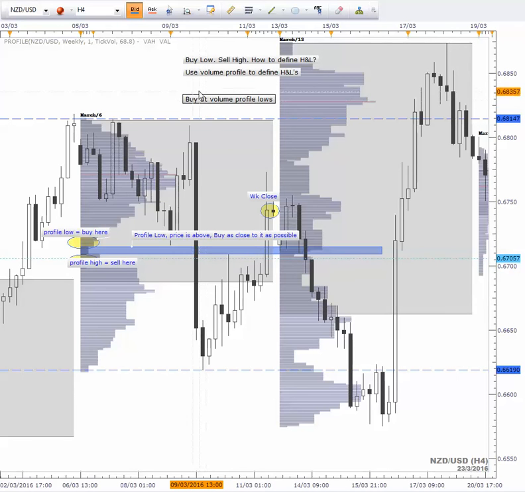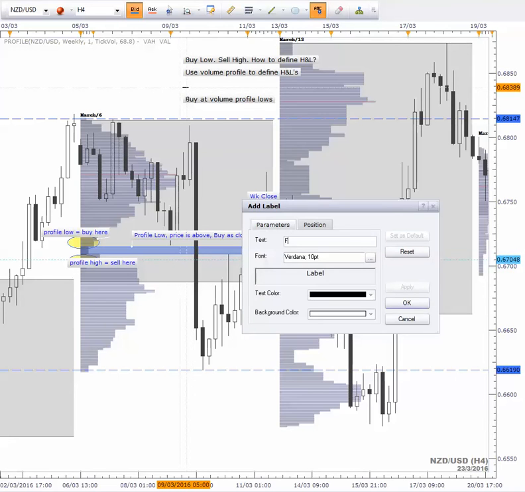And then from these defined highs, I want to sell as close to it as possible.